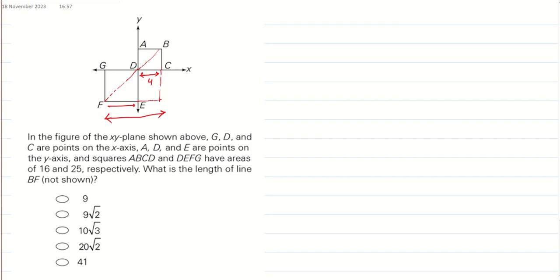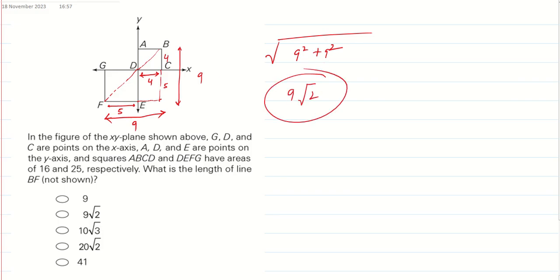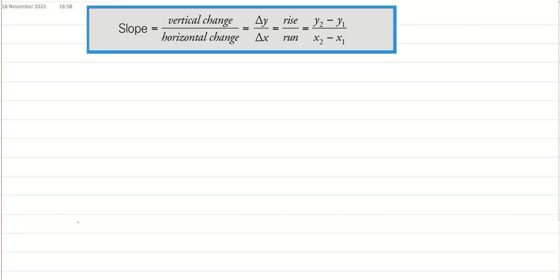This is 5, which means 5 plus 4, 9. Correct. This is again 4, this is again 5. So again here to here, again 9. Correct, no? So 9 squared plus 9 squared, 2 times 9 squared. 9 will come out, root 2. Correct, no? Super.